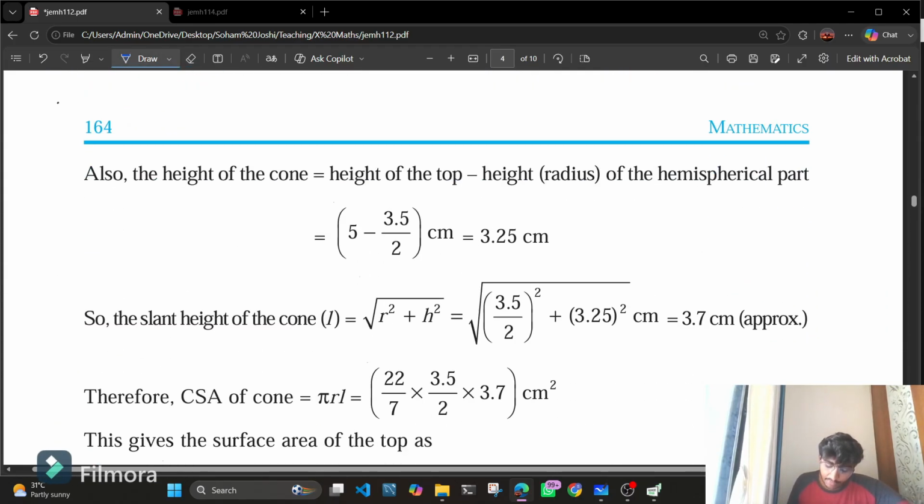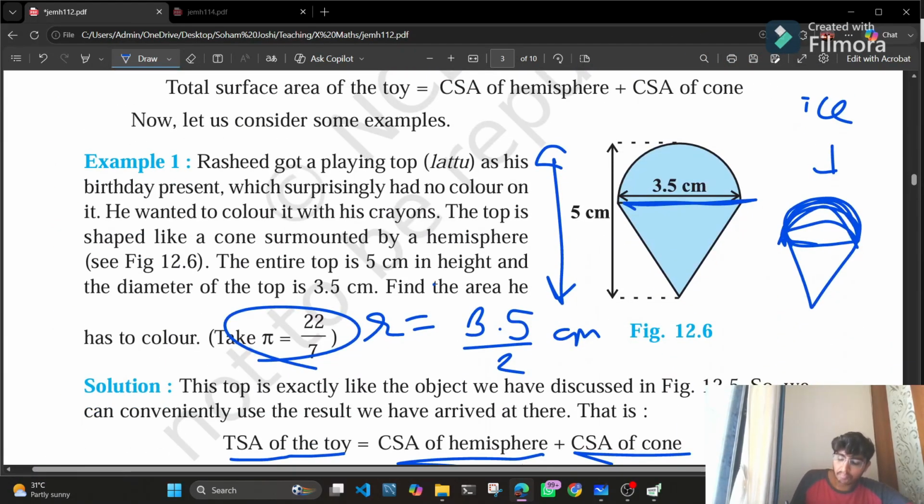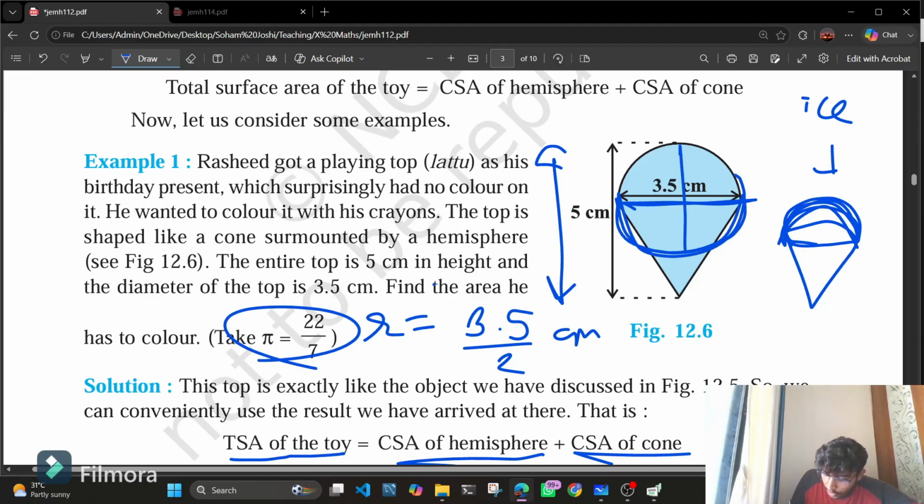Next, the height of the cone is the height of the top minus the height of the hemispherical part. This is a hemisphere, right? If I complete it by making a sphere, the diameter is 3.5, so this total part is 3.5 centimeters.